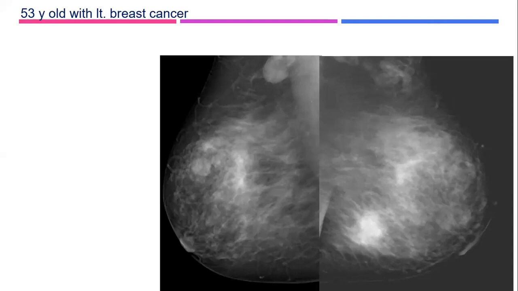The clear one is rounded, circumscribed, with I think the same density as the breast. Equal density, yes.